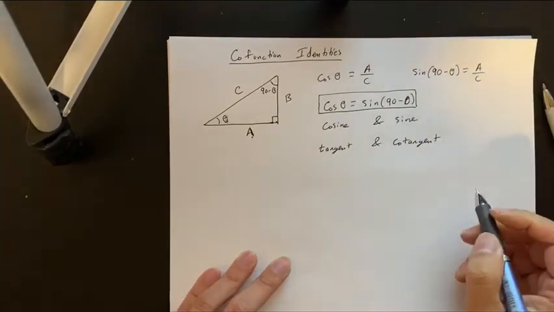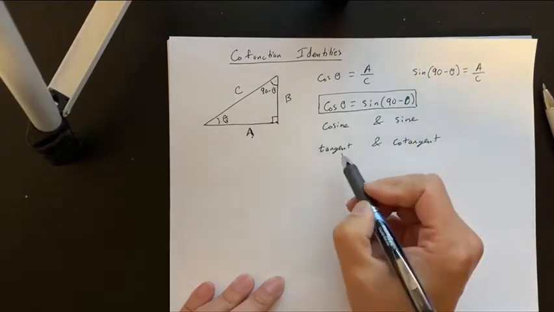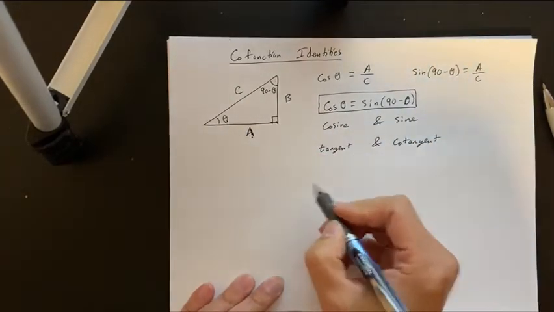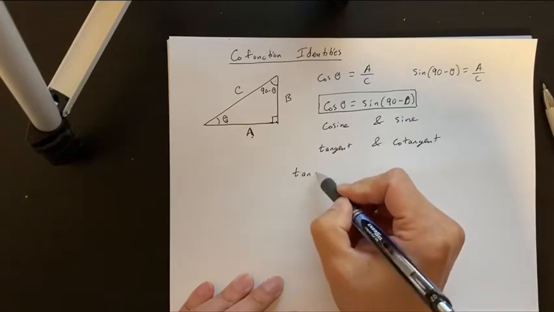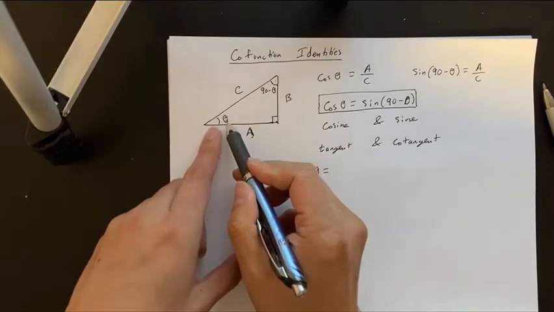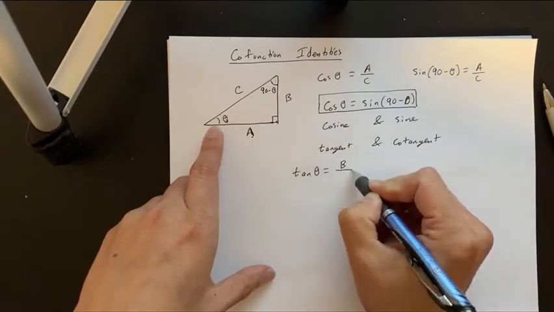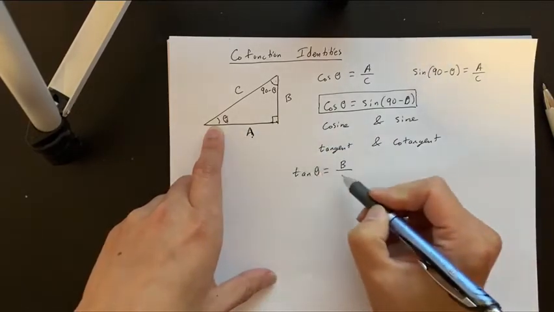They should share a similar identity. So let's do tangent of theta. What's tangent of theta? Tangent is going to be opposite, which is B, over adjacent, which is A.